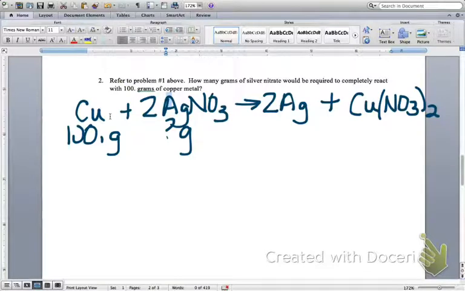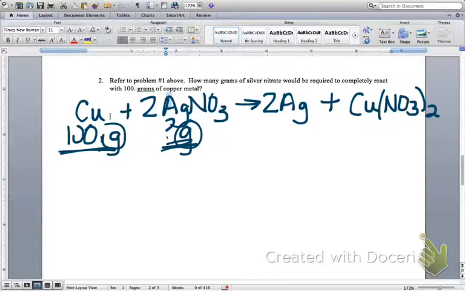So again, directly beneath the balanced chemical equation, I write the information that I'm given, which is 100 grams of copper, and the information that I'm solving for, which is how many grams of silver nitrate. So once again, going back to Scout's question, I look at the units. I see grams, and I see grams. Exactly. So when I see grams to grams, I automatically know it's a 3-step problem.